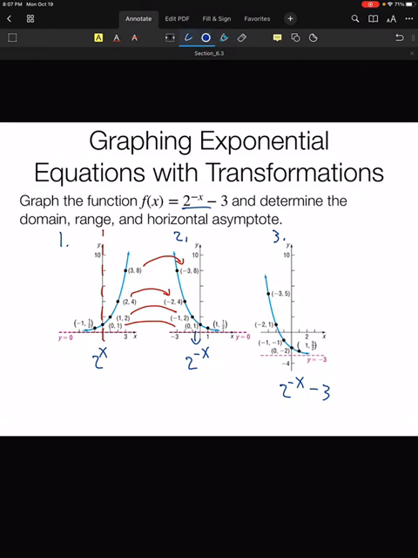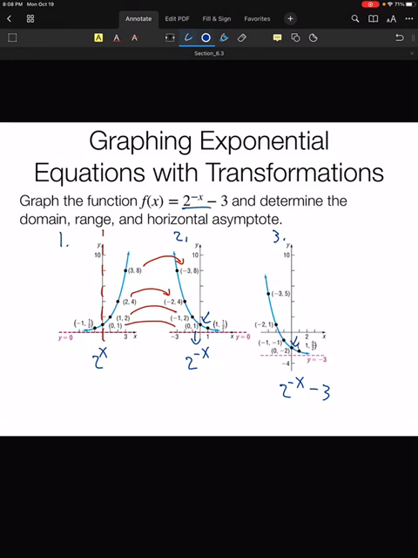So instead of having the y-intercept be 0, 1, it's now 0, negative 2. I literally subtracted 3 from all of the y-coordinates. You can either think of it as the full graph or of the points, whichever works for you. So anyway, this is the final graph. Number 3 is the final graph of the function.